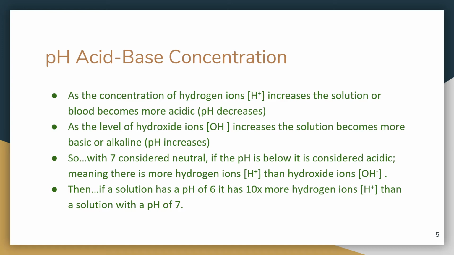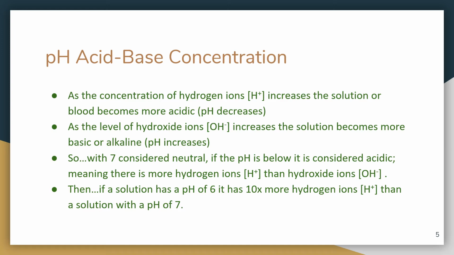As the level of hydroxide ions, on the other hand, increases, and this has to do with your bicarb too, then you become more basic or alkaline, and your pH increases. So get those two concepts straight in your head.